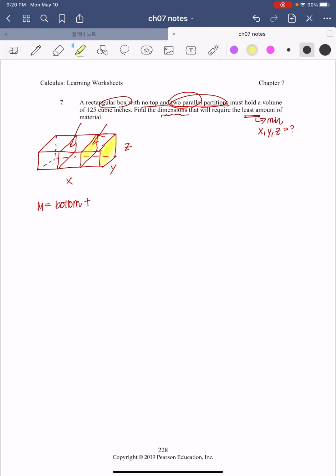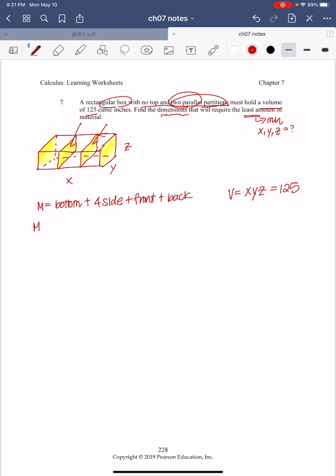We have 1, 2, 3, 4 because I'm making the partition, so 4 sides, plus the front of the box and the back of the box. And we know the volume, X times Y times Z, is equal to 125 cubic inches. So that's what we know.